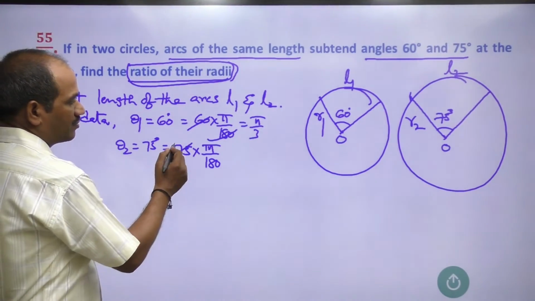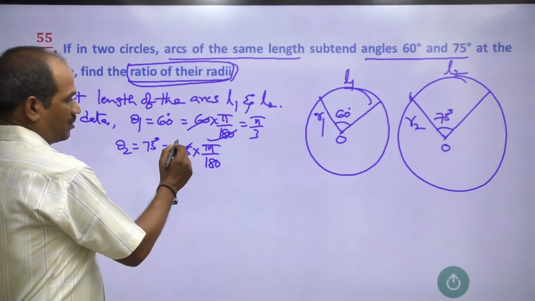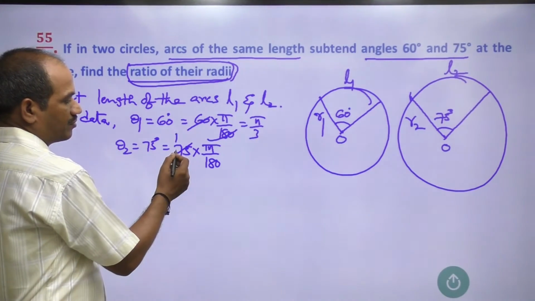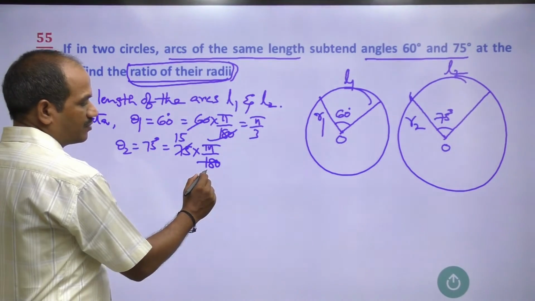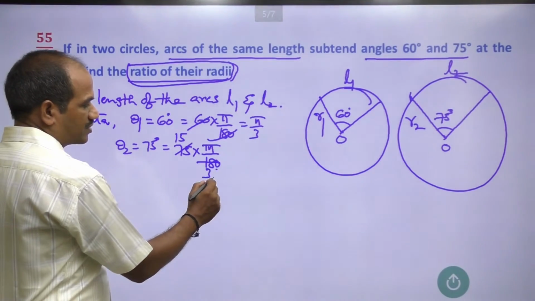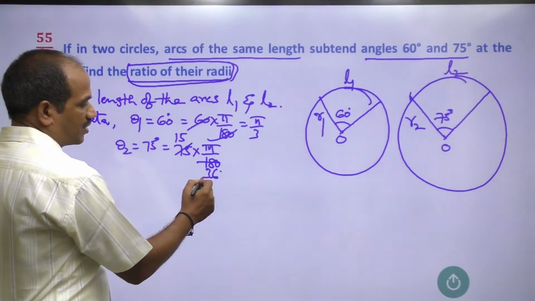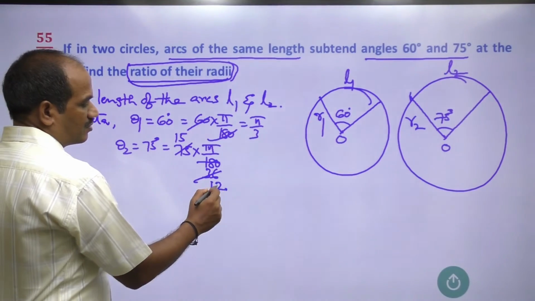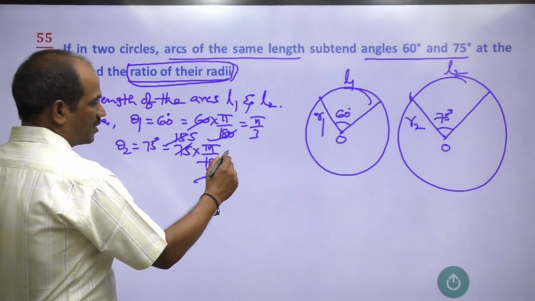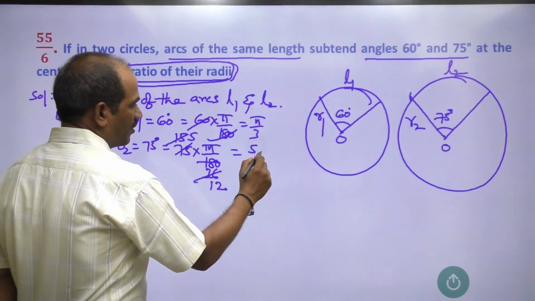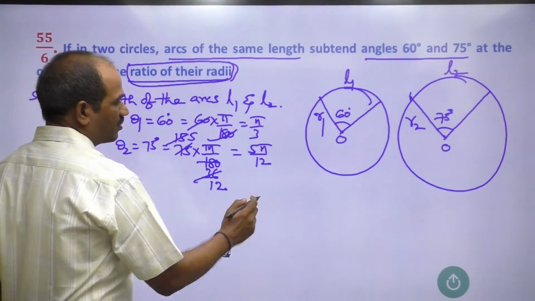Cancelling, 5 times 5, 5 times 3, 5 times 6, and 12 times 3, 5 times. So theta 2 is equal to 5 pi by 12.